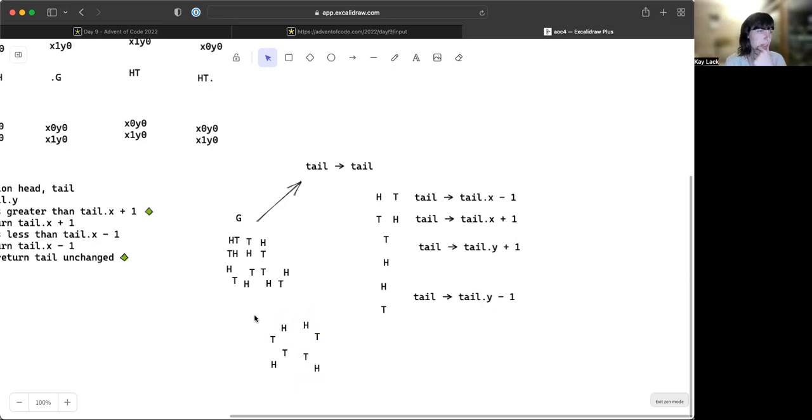So this is the same, one row adjacent. And then we've got one column adjacent as well. Got this. We've got this.